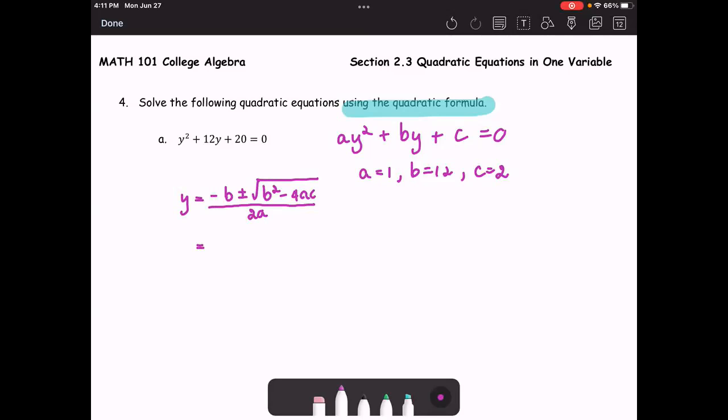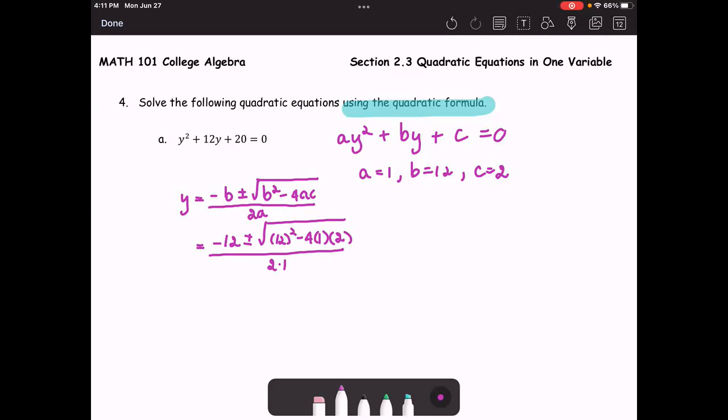Substitute the values from the list that we have above. Negative, the b value is 12, plus minus square root of b squared, which is 12 squared, minus 4 times a, which is 1, times c, which is 20, and all divided by 2 times a, which is 2 multiplied by 1.